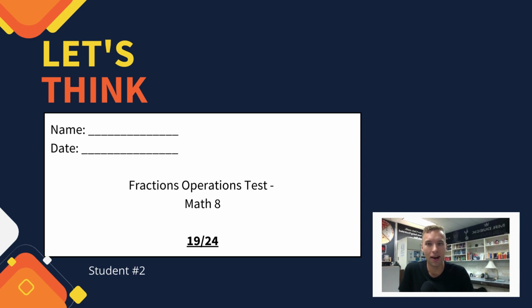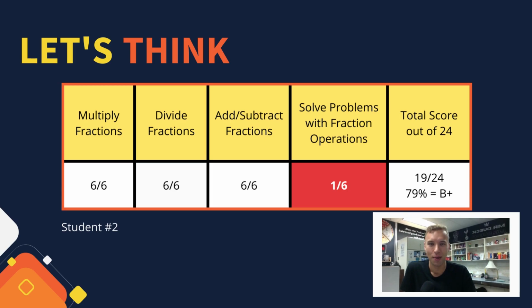So you might want some more information. I'm going to try and hold back a little bit, but let's take a look here. What do you notice here about this student? You might notice right away this student jumped higher than the other person, B plus versus C minus, 79%, almost 80%.